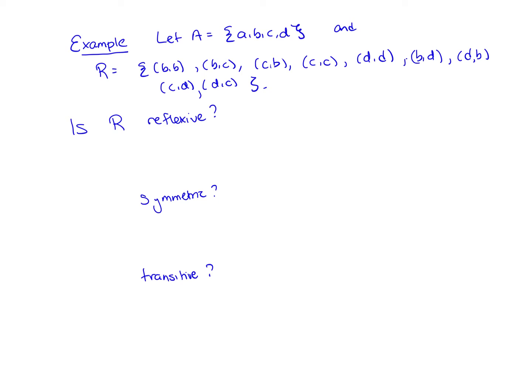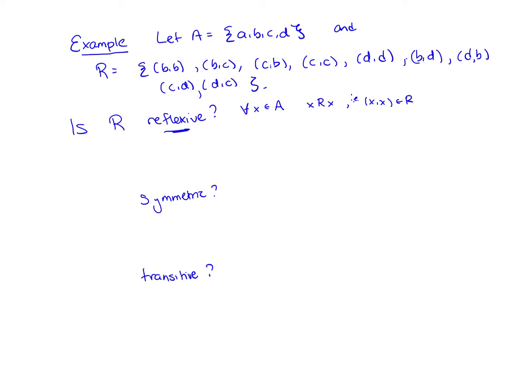Okay, so is this reflexive? Remember, for it to be reflexive, for every element in the original set, that element must be related to itself, which means that everything must be paired with itself and exist in the relation.